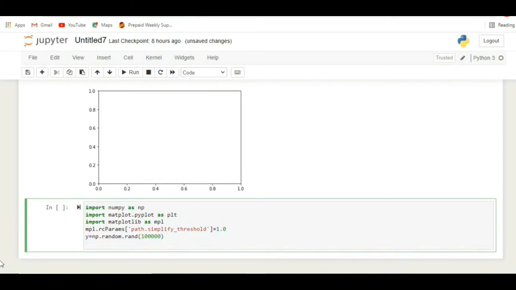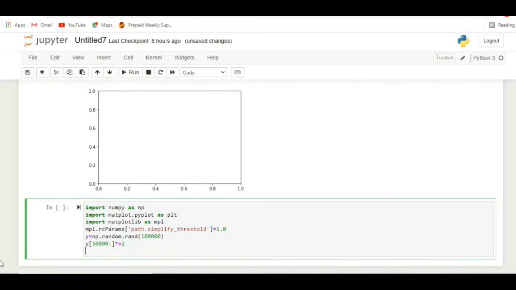The difference starts here: y[50000:] = 2. This is different from the previous code.